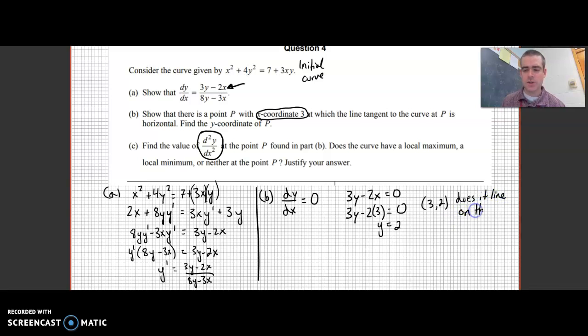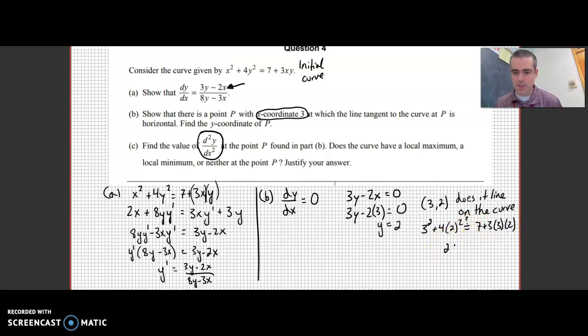In order to show that it has a tangent line at x equal to 3, specifically at 3, 2, I need to show that 3, 2 is on the curve. To do that, I'm simply going to plug in here. I'm going to do 3 squared plus 4 times 2 squared, and I'm asking myself, does that equal 7 plus 3 times 3 times 2? And here it does.